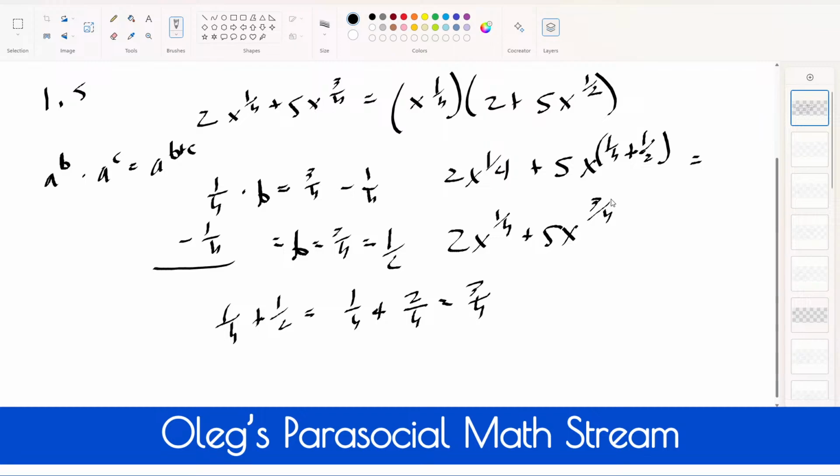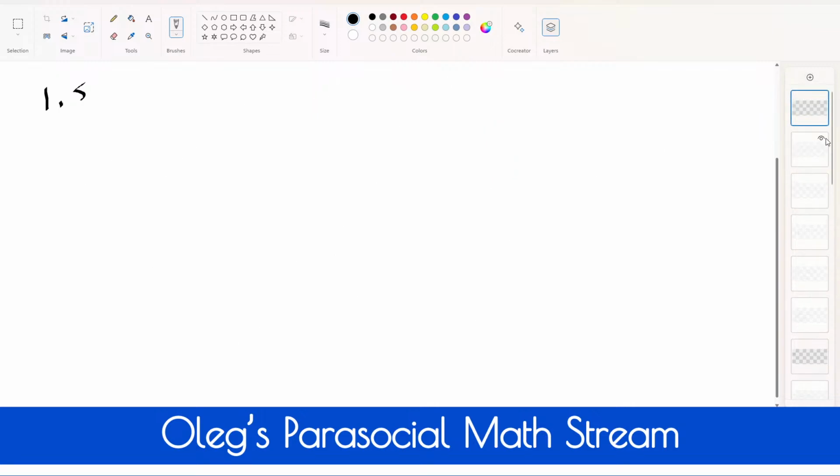Factoring the expression with fractional or negative exponents. Okay. So now we're going to factor 3x times (x plus 2) to the negative 1/3 plus 4 times (x plus 2) to the 2/3.